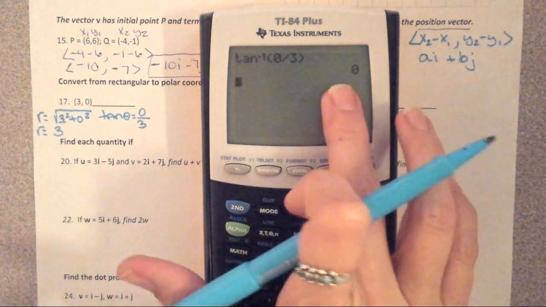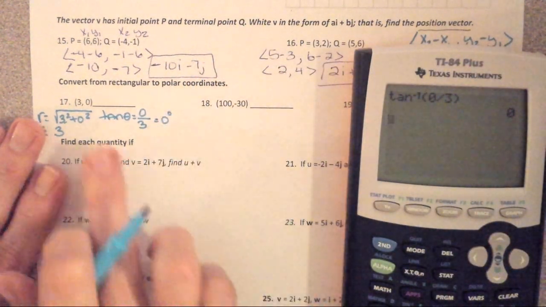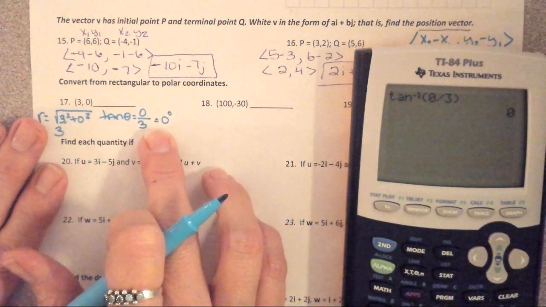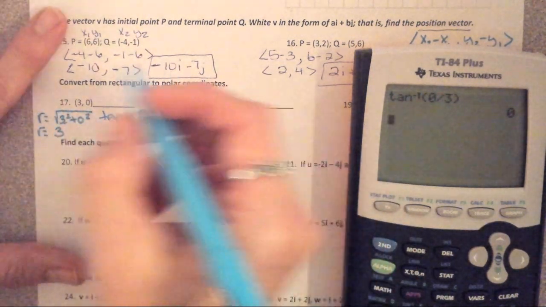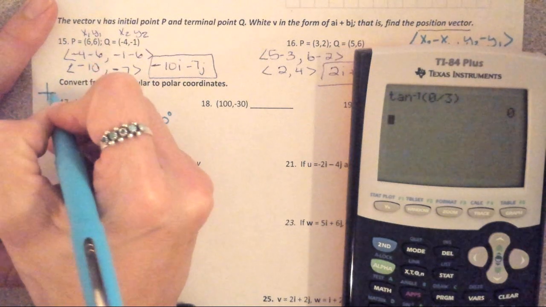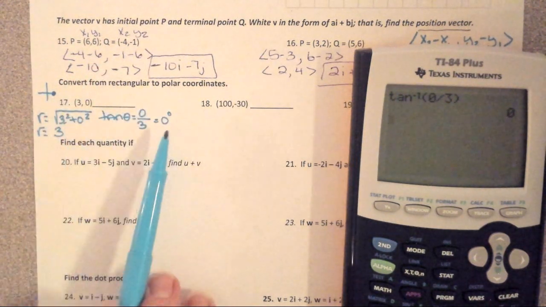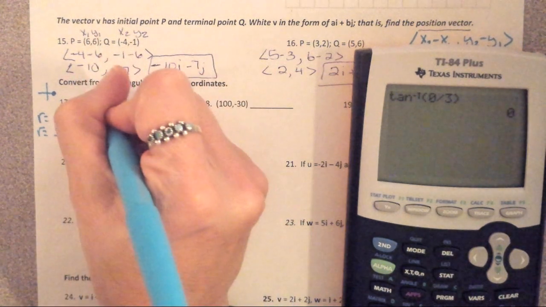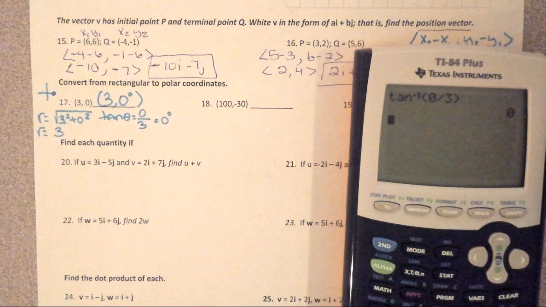And it tells me my answer is 0 degrees. Now I have to make sure that this answer makes sense. In order to do that, you have to look at this ordered pair, 3, 0. 3, 0 would be right here on the x-axis, and on the x-axis, yes, it does equal 0 degrees. So your answer is 3, 0 degrees.